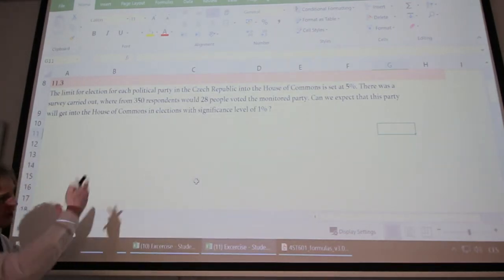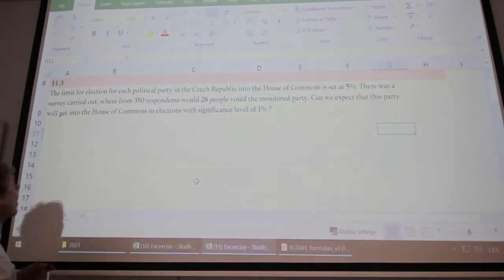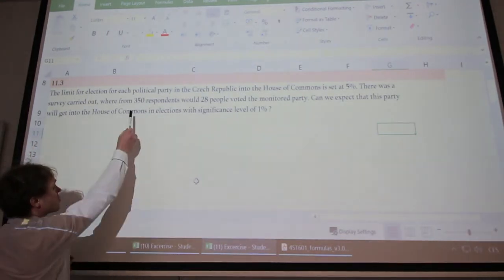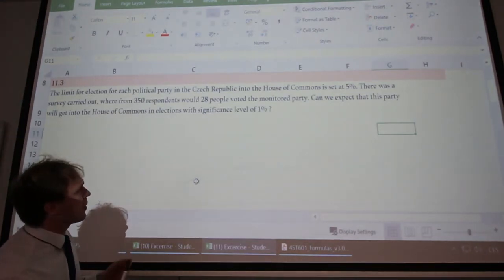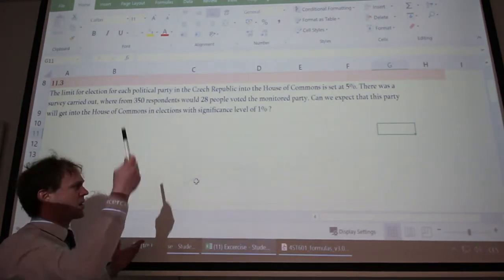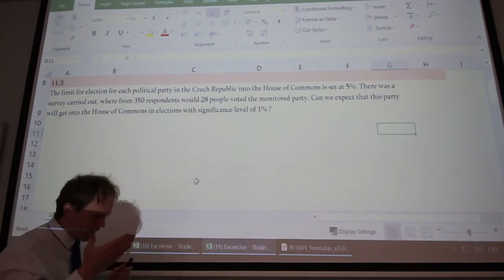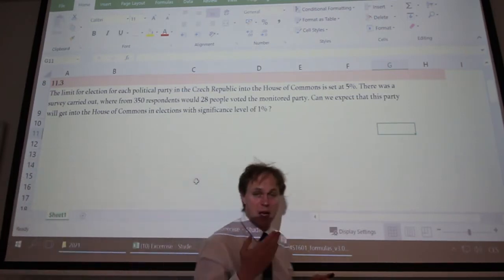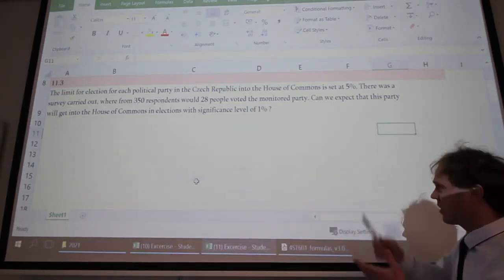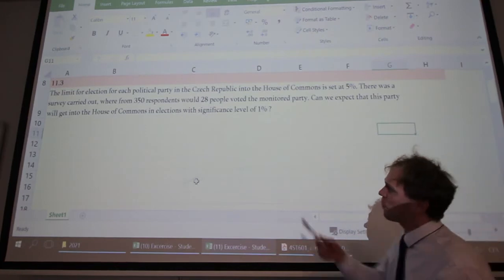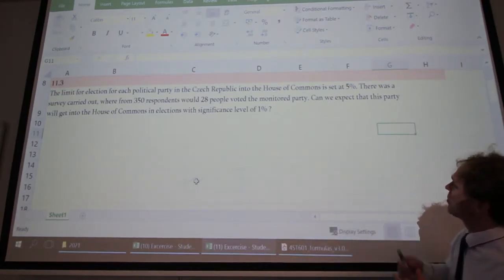For the entrance. So there was a survey carried out where from 350 respondents, 28 people voted for the monitored party. So we have here a survey, the sample size, the sample of voters, and 28 of them from this sample would like to vote for the monitored party.